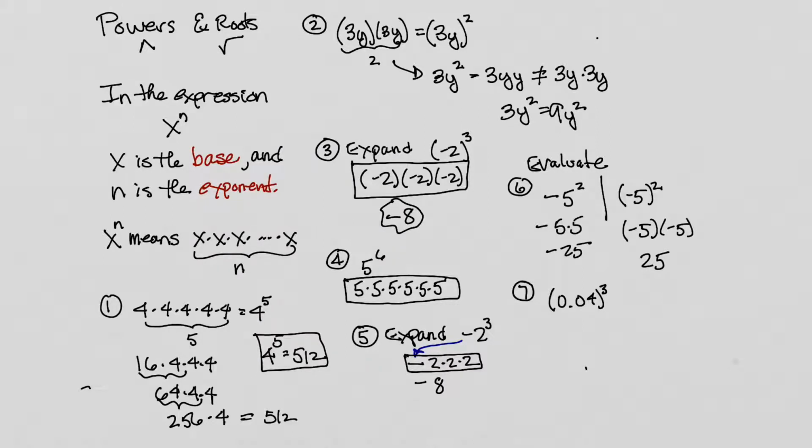Let's do one more of these. How about number 7? What we're looking for here is raising 0.04 to the third power. So we know that this 0.04 is going to appear 3 times in a multiplication. It's going to look like this: 0.04 times 0.04 times 0.04. There's the expanded view. Now, if we actually want to compute this, we would have to multiply 0.04 times 0.04.